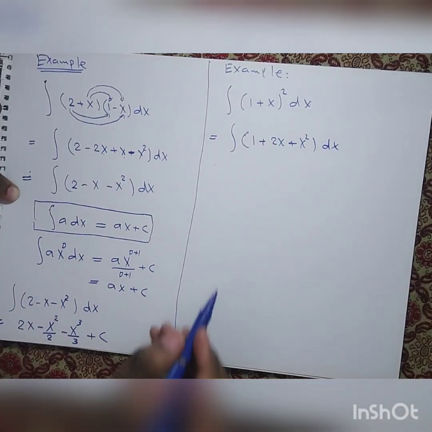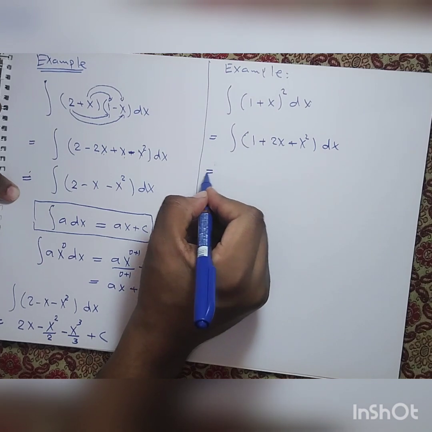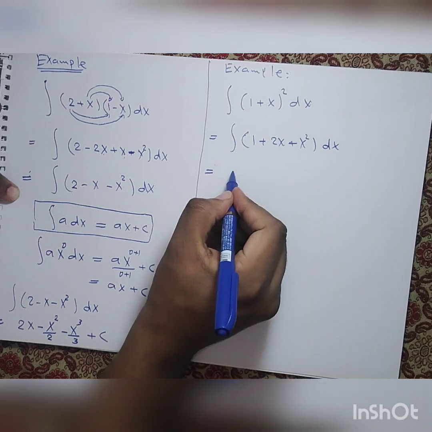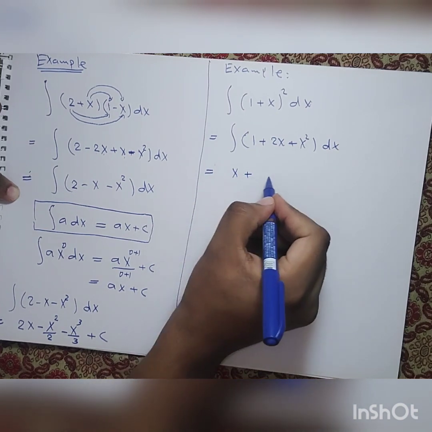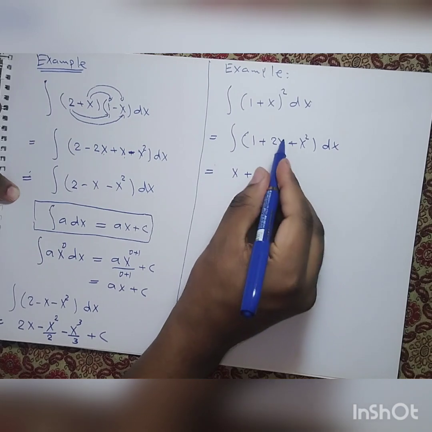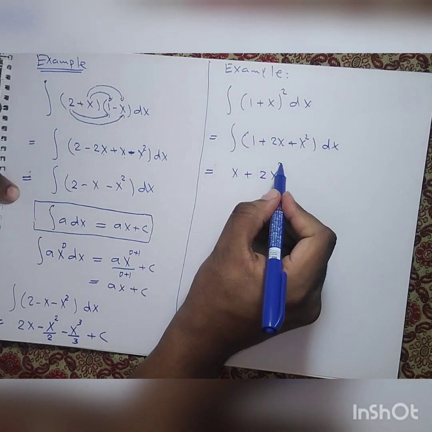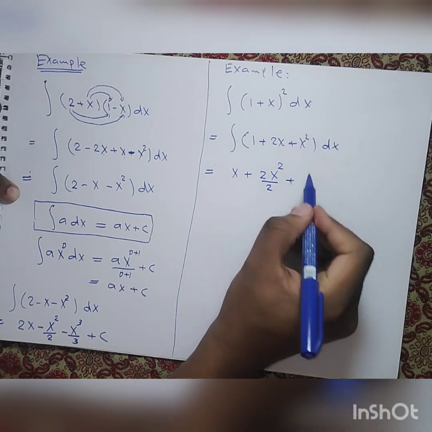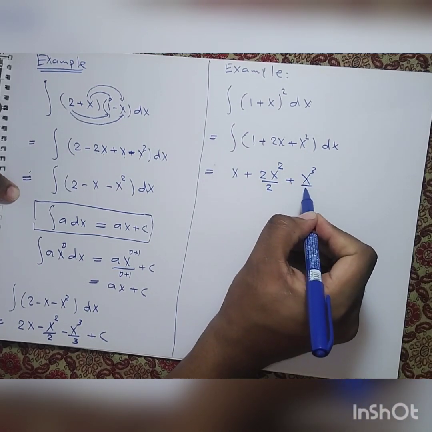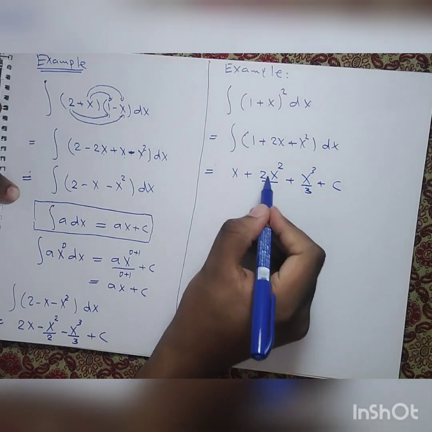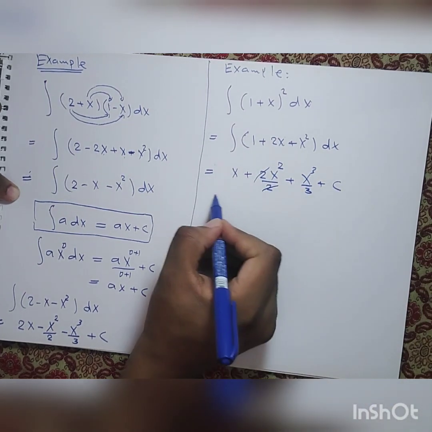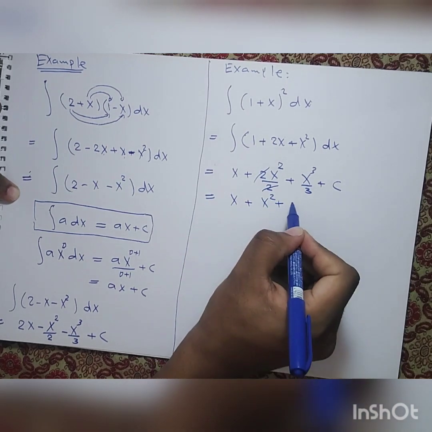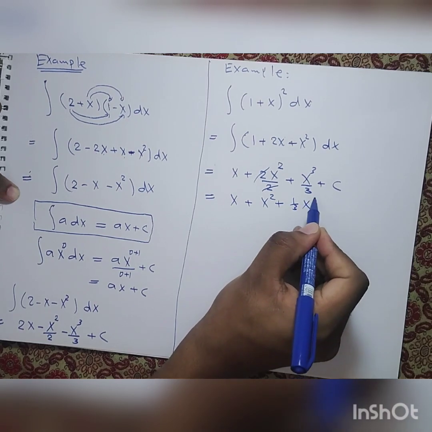The integral of constant 1 is just x. So we get x plus, here we have 2x, then we add 1 to the exponent, which is 1 plus 1 is 2, and we divide by the new exponent. So plus, here we also add 1, then we get 3, and we divide by the new exponent, plus a constant. So those would cancel out, and finally we would get x plus x squared plus one third x cubed plus a constant.